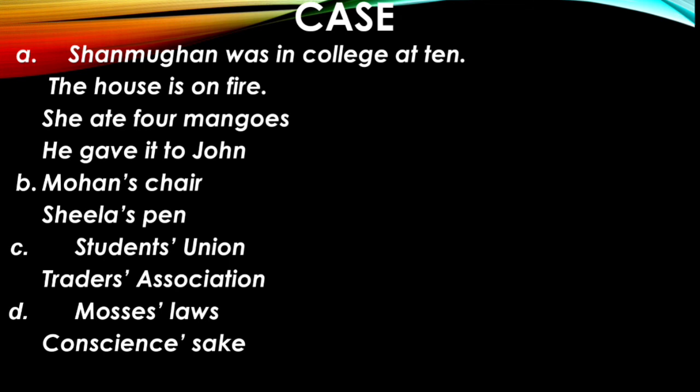Moses' laws use only an apostrophe for singular nouns having two hissing sounds. We have Moses, so two s sounds. Then in the singular also we simply add an apostrophe without S. Conscience, sh and s. Two hissing sounds. So there also we simply add an apostrophe.